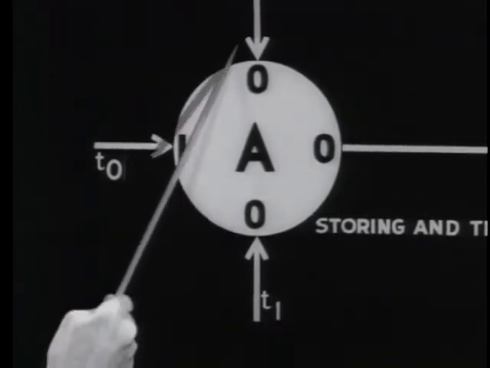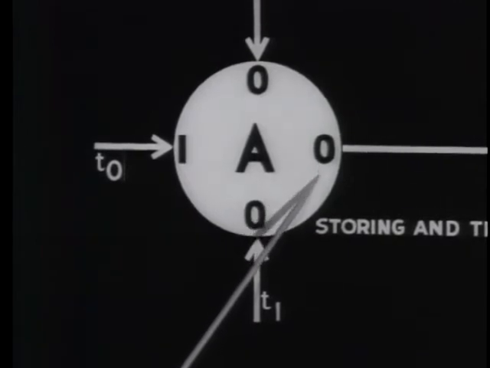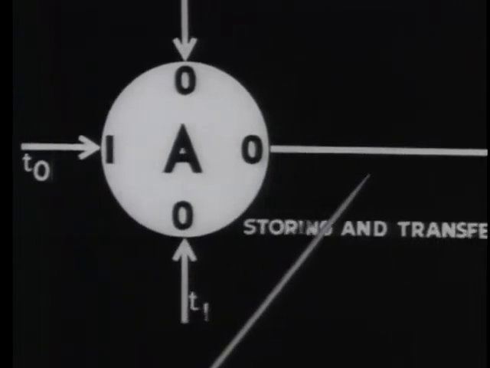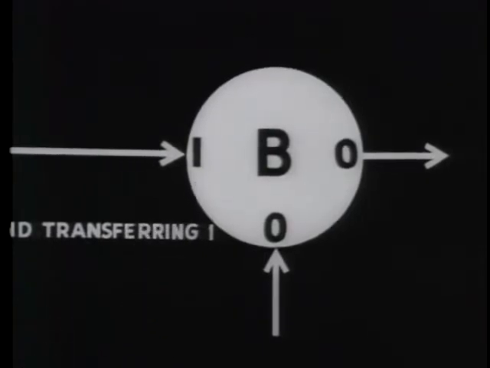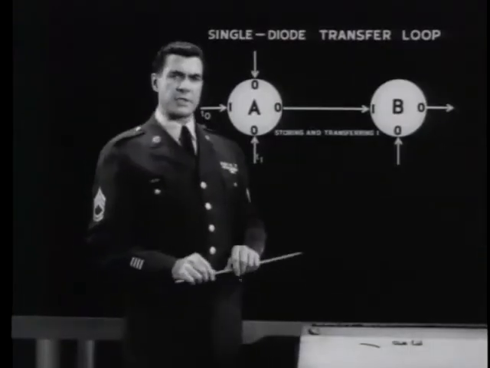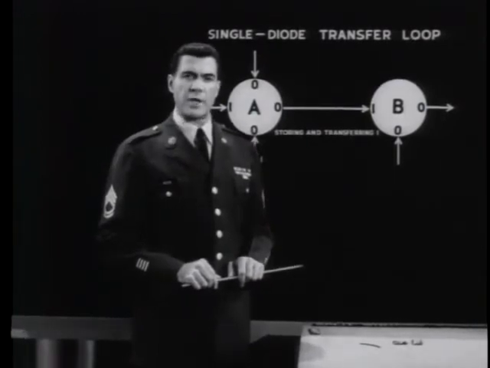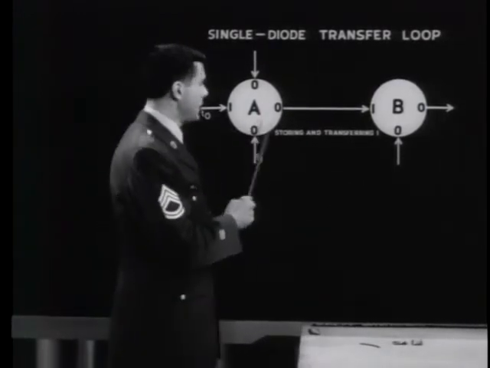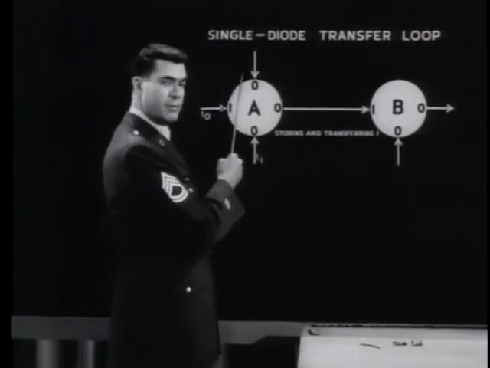The top and bottom inputs will clear it back to 0. And, as the diagram indicates, whenever the core is cleared to 0, an output occurs, switching core B to 1. But this means that either one of the dot inputs can bring about a transfer of the bit from A to B, the bottom one or the top.